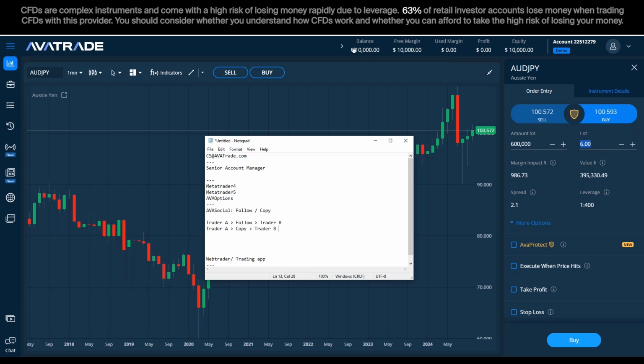For instance, if I have 10,000 and I'm copying somebody with 250,000, there will be a difference between the positions I'm going to take and those of the trader who has 25 times more than my balance. I hope that makes sense. But like I said, you can customize the lot size, so that it makes more sense given the balance difference.